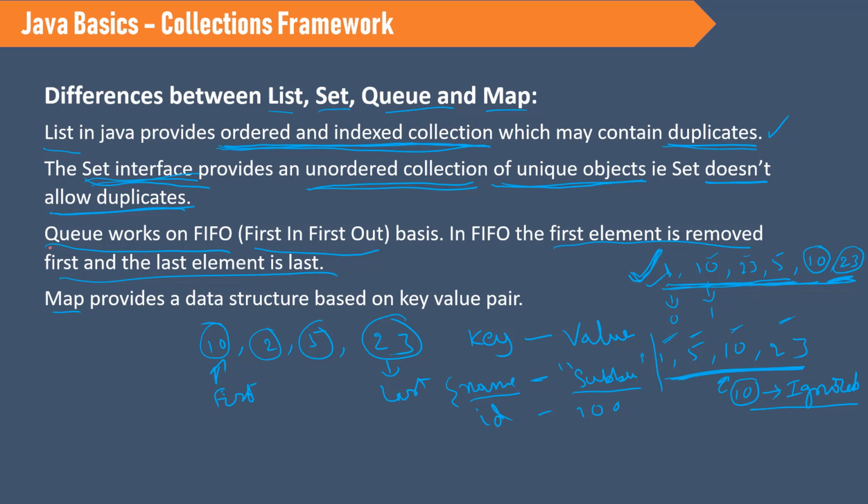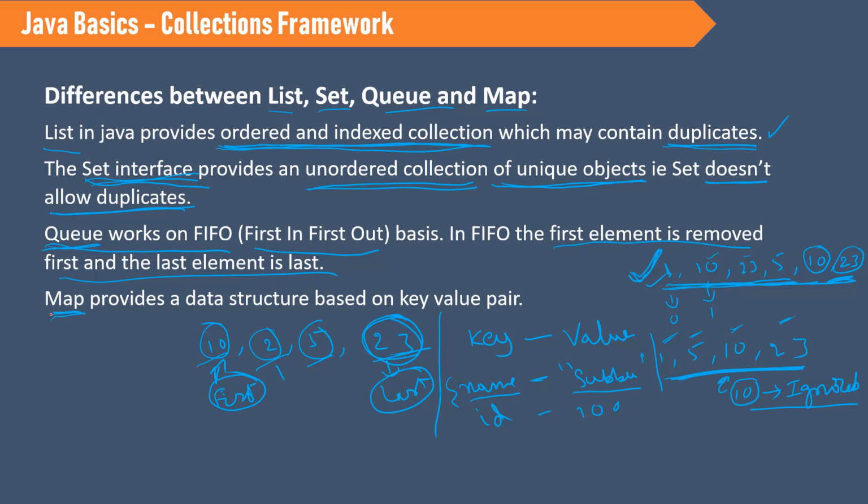And queue works on a FIFO basis, first in and first out. For example, I have added 10, 2, 5 and 23 into a queue. Since 10 is the first element, it will be removed first. 2 is the next element, so it will be removed next. The last element is 23, so it will be removed last. So this is a queue. And next one is map.